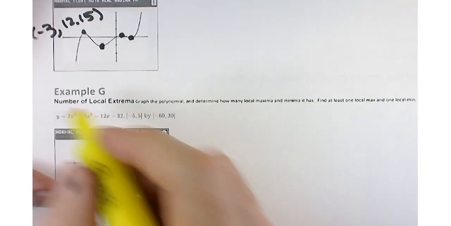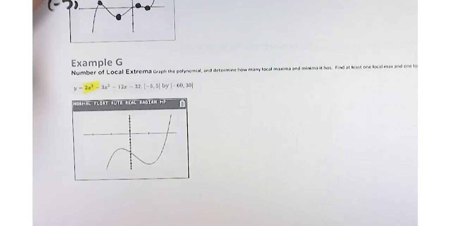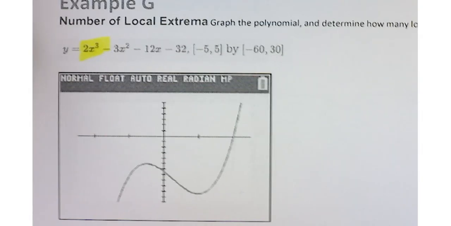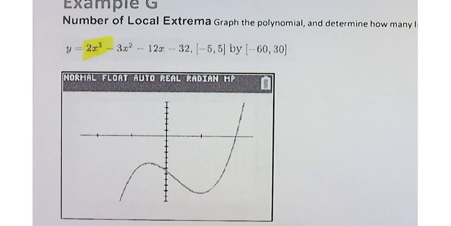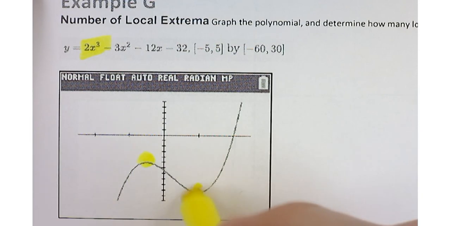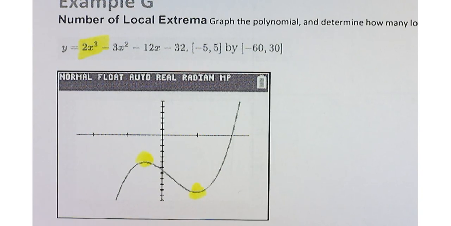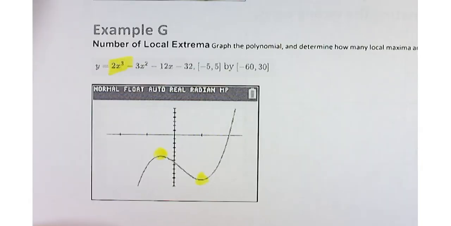How about down here in example G? This is a 3rd degree polynomial. How many local mins and local maxes do I have now? 2. Or 1 of each. Yeah, you got 1 of each. So can you see a way you can predict how many local mins and maxes you could have?